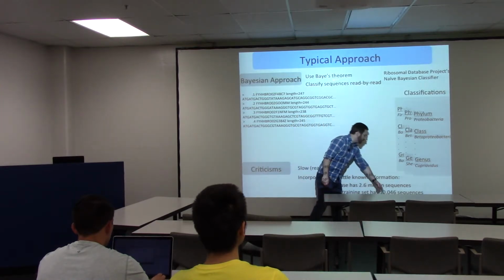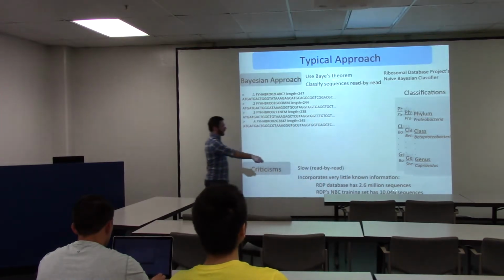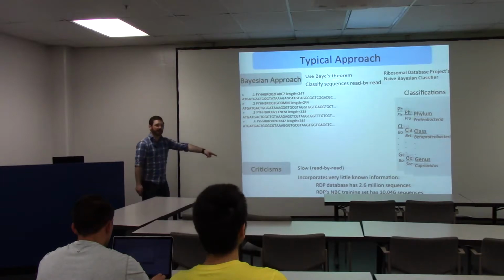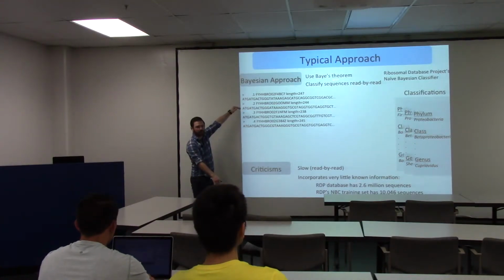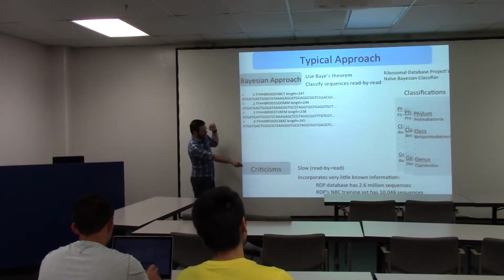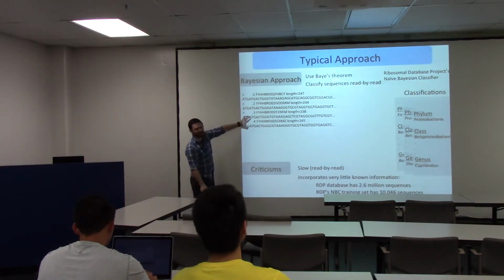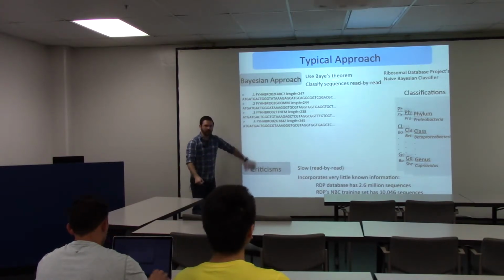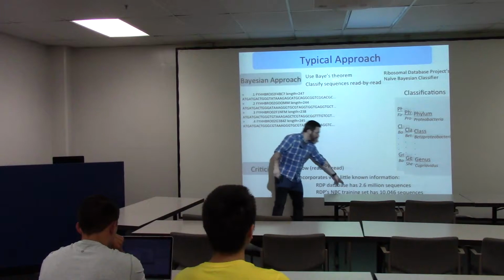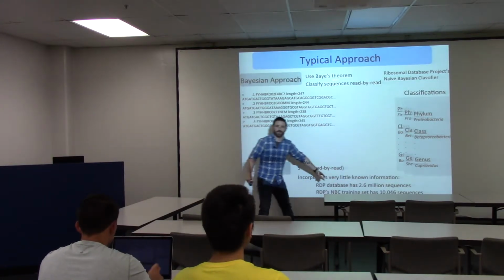But anyway, we can still only classify to 10,000 sequences. The reason is that for each read, we have to look at the probability over each one of the genomes. So if you make your training database huge, like 2.6 million, the complexity of that computation is going to be big O of the number of reads times the number of training database sequences.